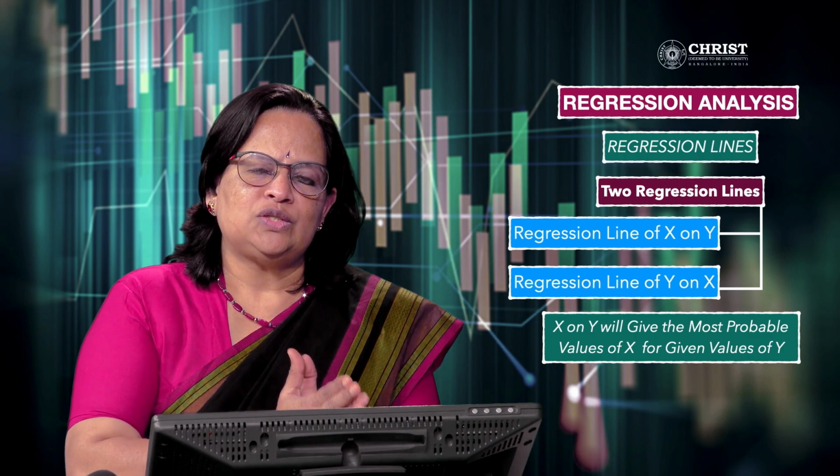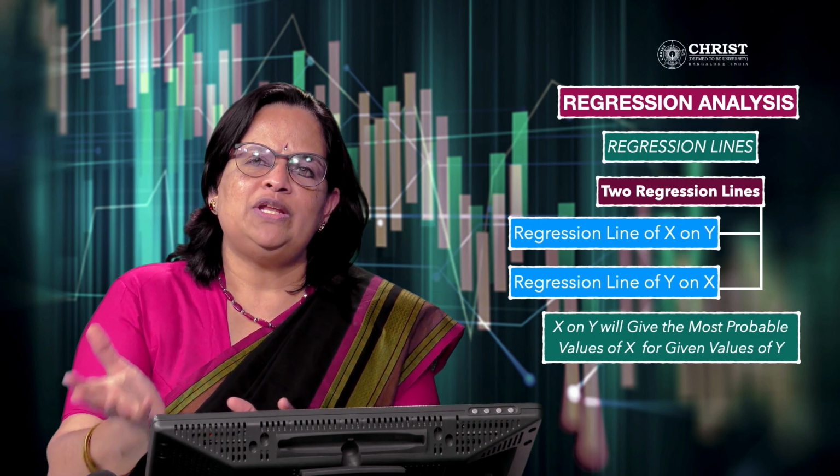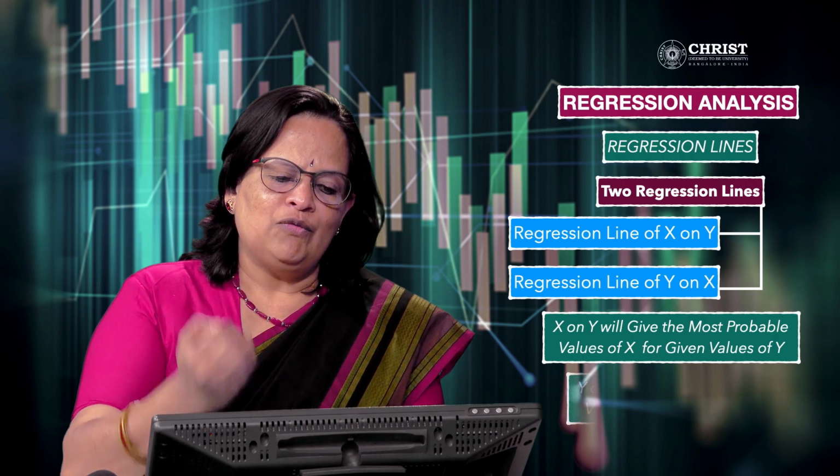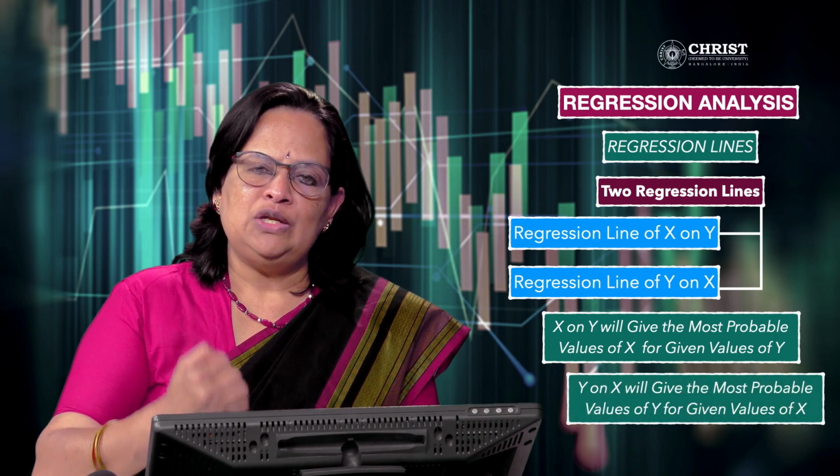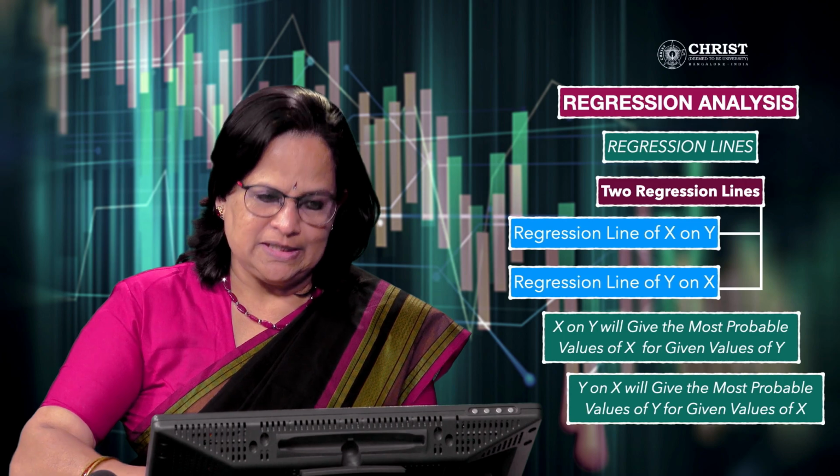One variable is given and the next variable you can predict. Similarly, Y on X will give the most probable values of Y for the given values of X. We have two regression lines, meaning there are two regression equations. Regression equations are the algebraic expressions of the regression lines.